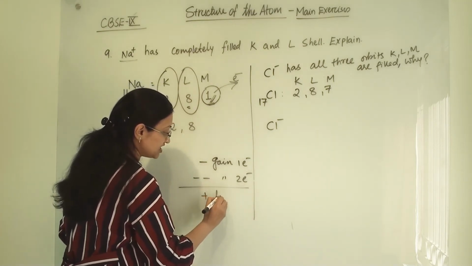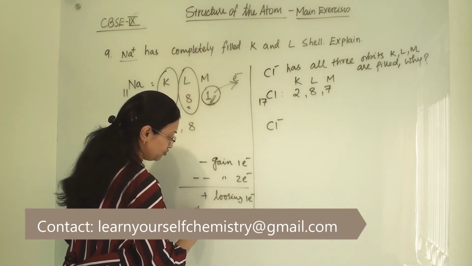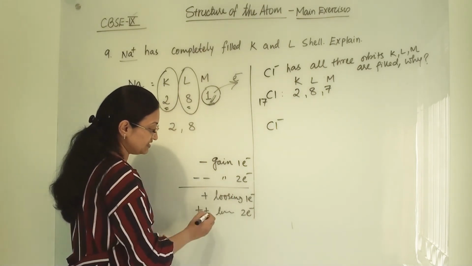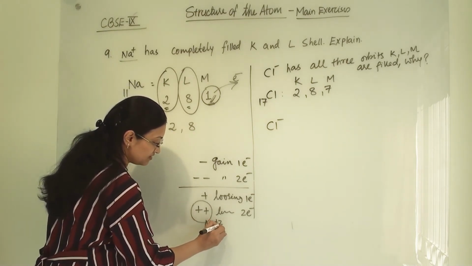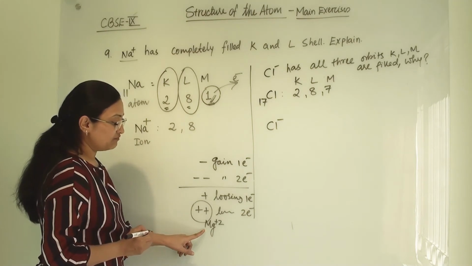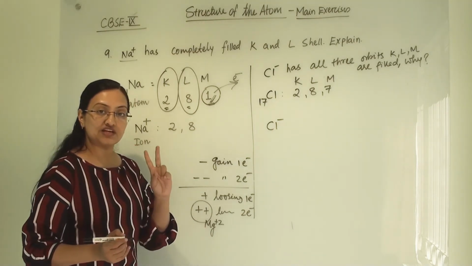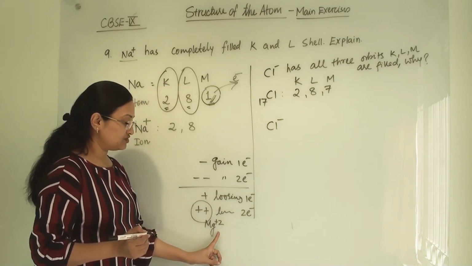One positive charge means losing 1 electron. Two positive charges mean losing 2 electrons. This will be the case for Mg2+, because magnesium will lose 2 electrons.